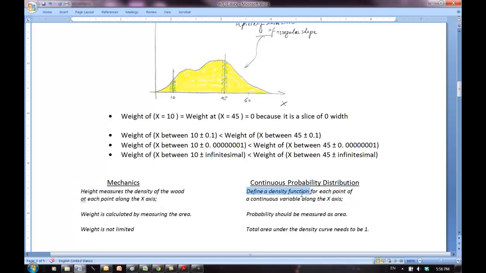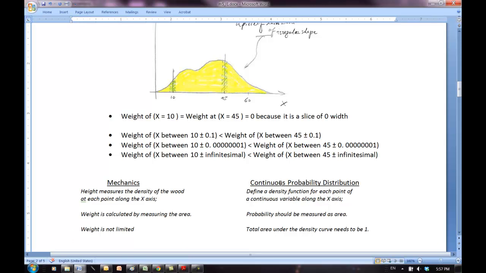So Karl Pearson similarly defined a density function for each point of a continuous variable along the x-axis. In mechanics, the weight is calculated by measuring the area. Therefore, probability for a continuous variable should also be measured as area.